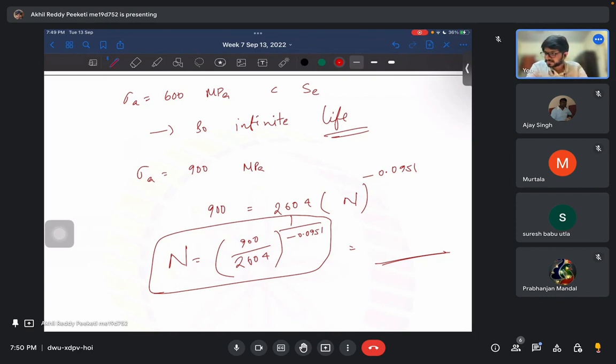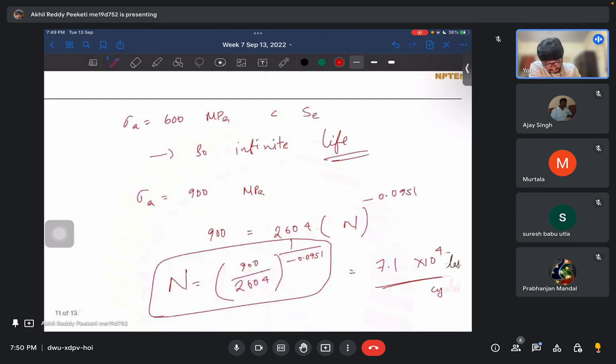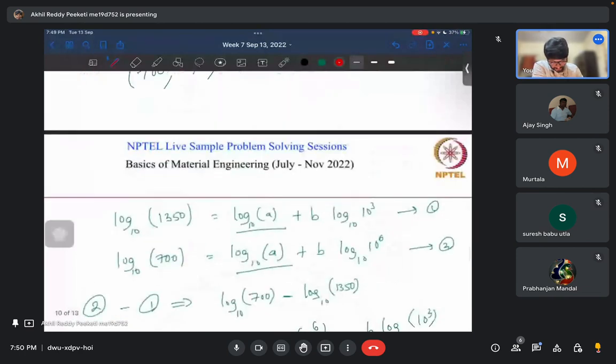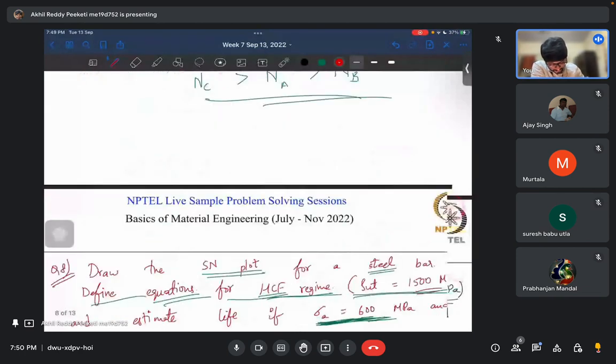Okay, 7.1 into 10 power 4 cycles. So this point would be 900, so around 7.1 into 10 power 4, right? Yeah. So it's close to 10 power 5.